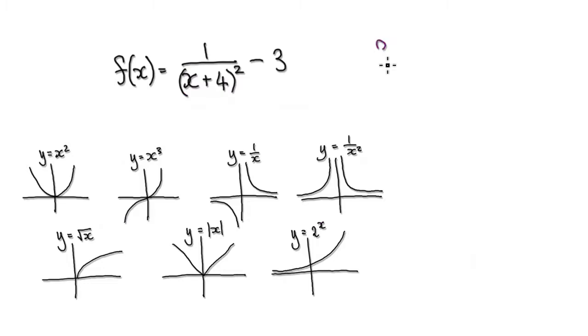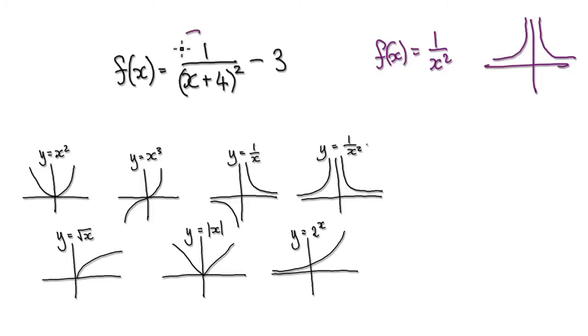So start out with this function here, f of x equals 1 over x squared. That will look like this. Now you have no idea what this thing looks like, so you slowly transform it. See this bubble here. Your next transformation should be x plus 4.